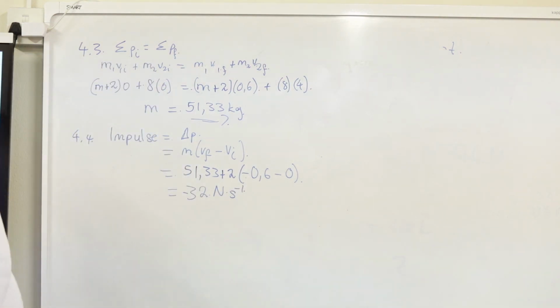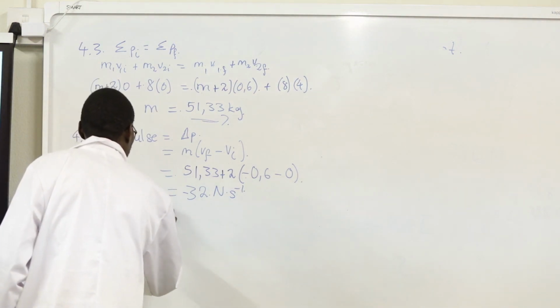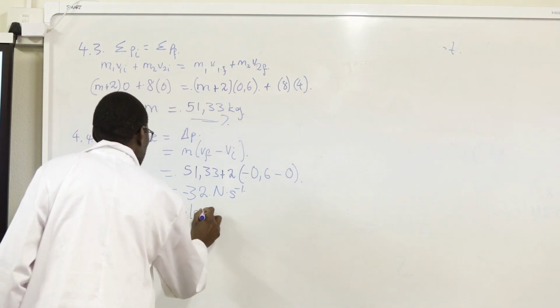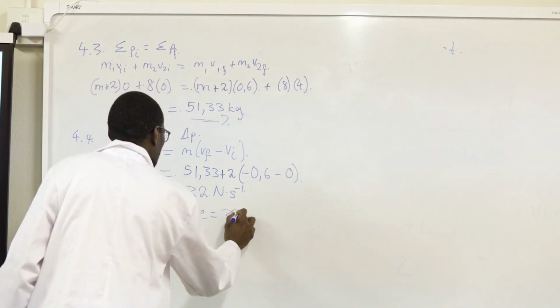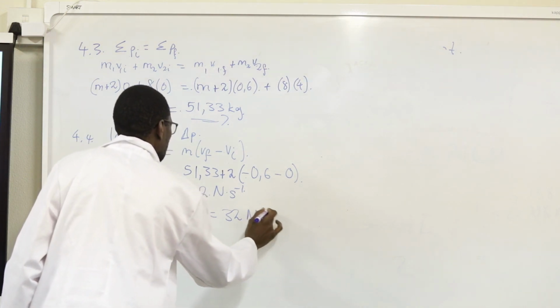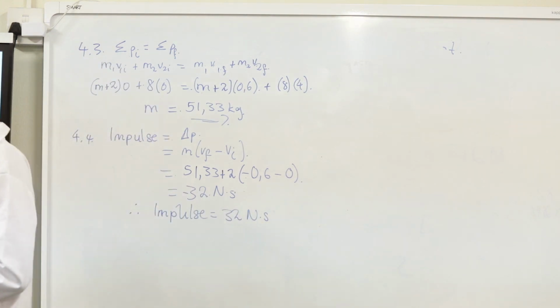And in this case, they just need the magnitude without the direction. Therefore, impulse is equal to 32 Newton seconds. Okay. So that's the question.